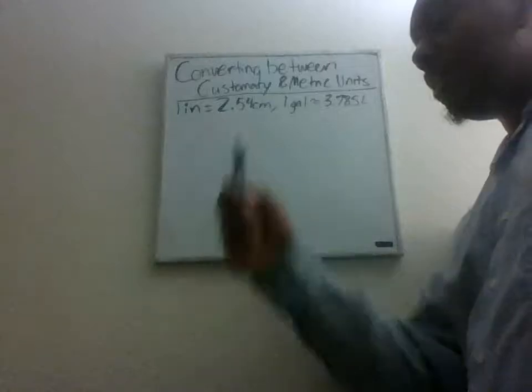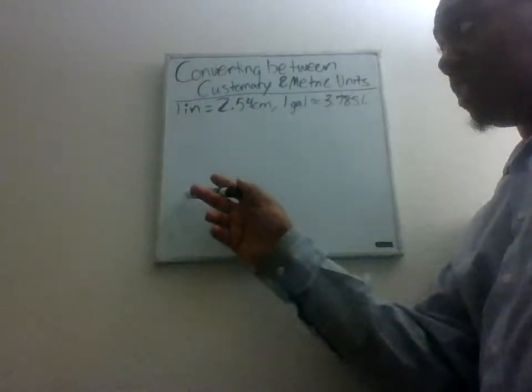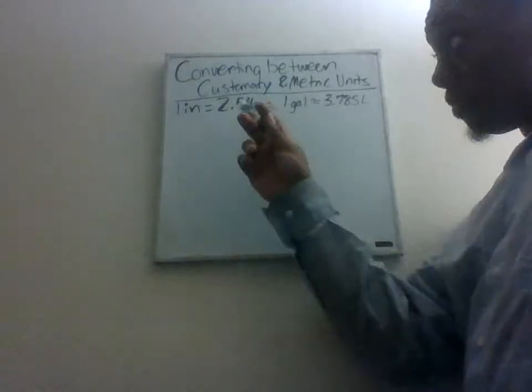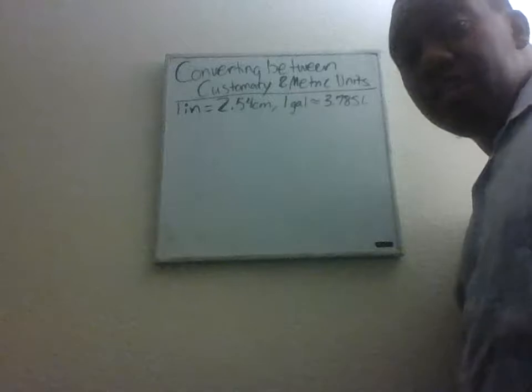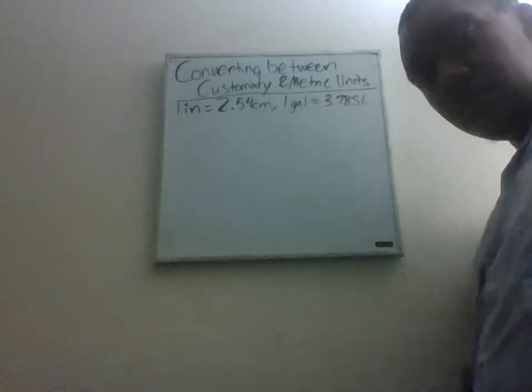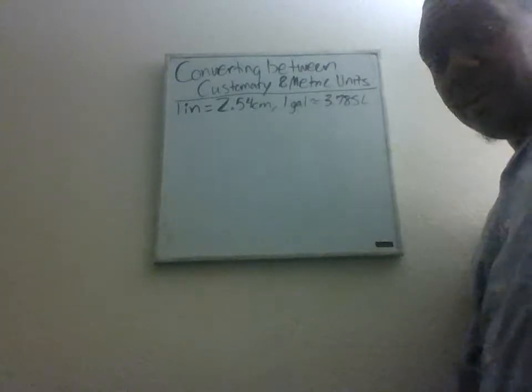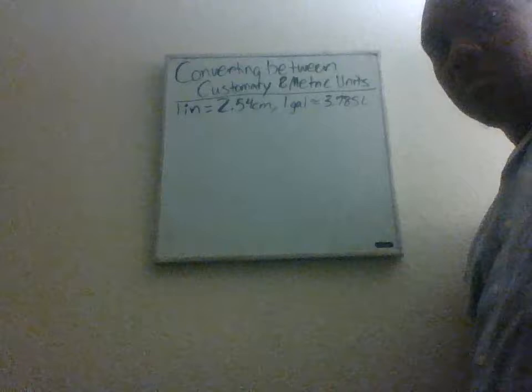Now, if you know that, you'll be able to handle any other conversions from the customary system to the metric system when looking at lengths, distance, linear measurements; when looking at area, because all you have to do is square these; and when looking at volume, because all you have to do is cube these. Okay.